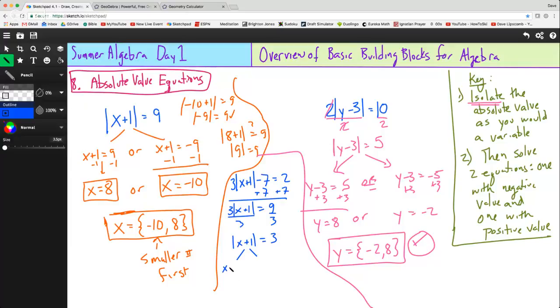Now we get x plus 1 equals 3, or x plus 1 equals minus 3. So here we get minus 1: x equals 2, or x equals minus 4. x equals minus 4, comma 2.